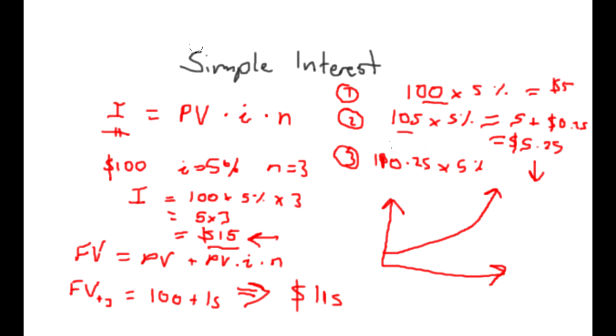So that's the power of compounding, and we're going to look at that in more detail in the next video. And compounding is the more commonly used form of interest calculation, and what you'll be exclusively using in your CFA. But simple interest is sort of the most basic form of interest, and something that you should be aware of.